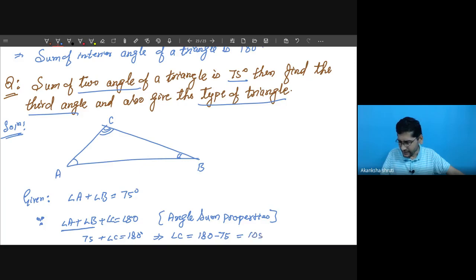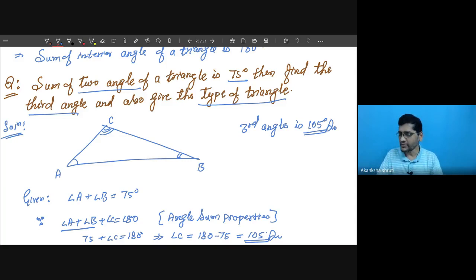It is 105 degrees. Now student, this is one of the answers. The first is our third angle, which is unknown. Though I have taken angle A plus angle B as 75 degrees, you may take angle B plus angle C. That doesn't matter. So the third angle is 105 degrees.